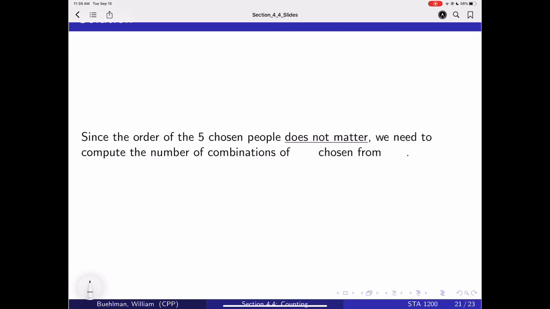Since the order of the 5 people chosen does not matter, we need to compute the number of combinations of 5 chosen from 30.